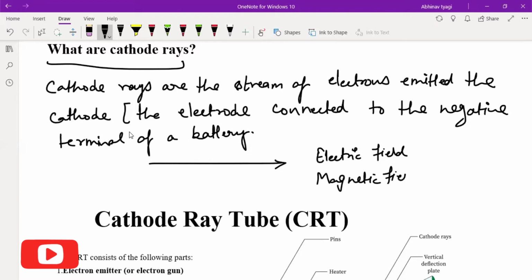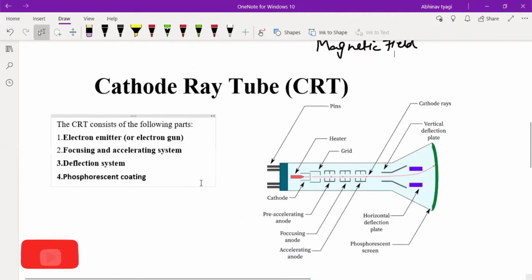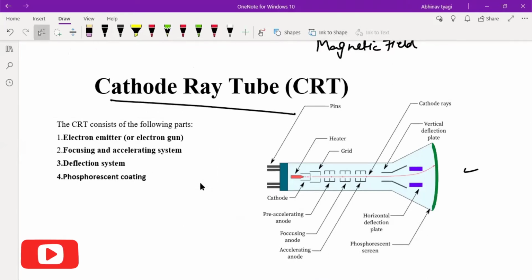Now, what is CRT and how can we produce cathode rays? So dear students, this is cathode ray tube. Here, the cathode ray tube is a hollow glass tube. The air in the tube is pumped out to create a vacuum.